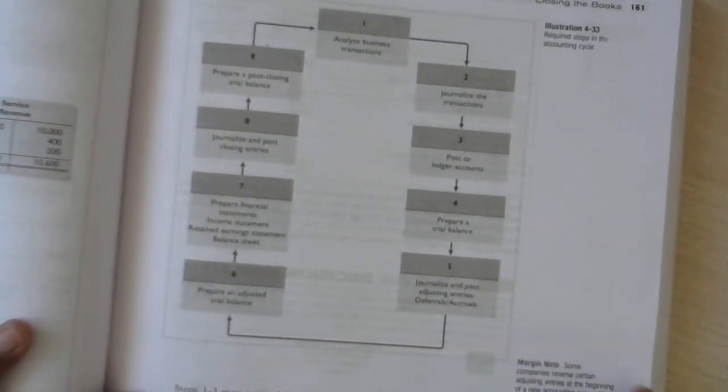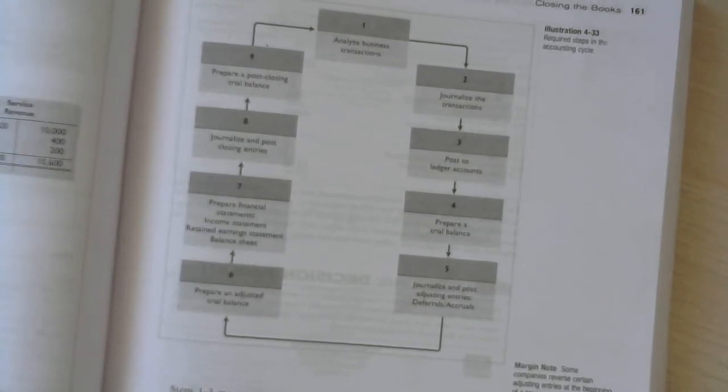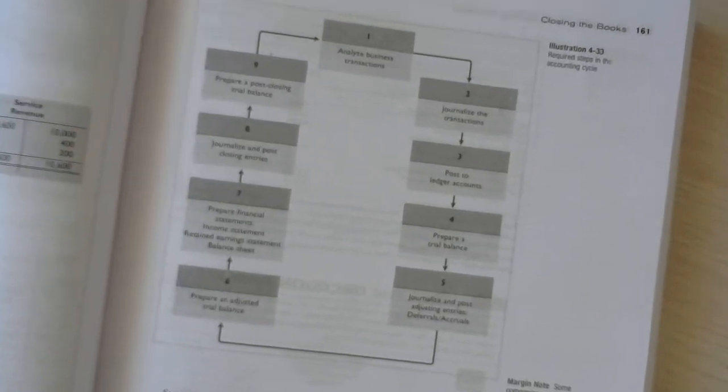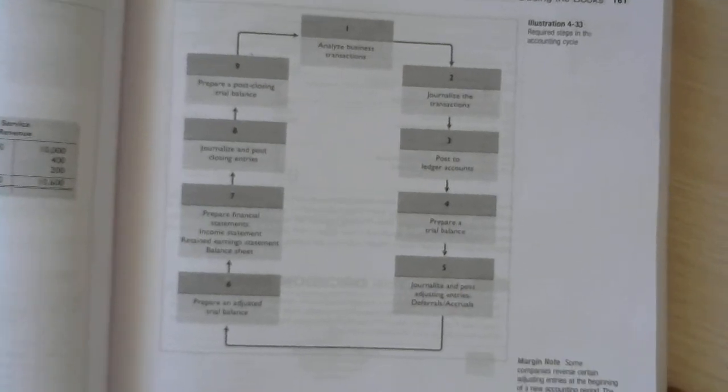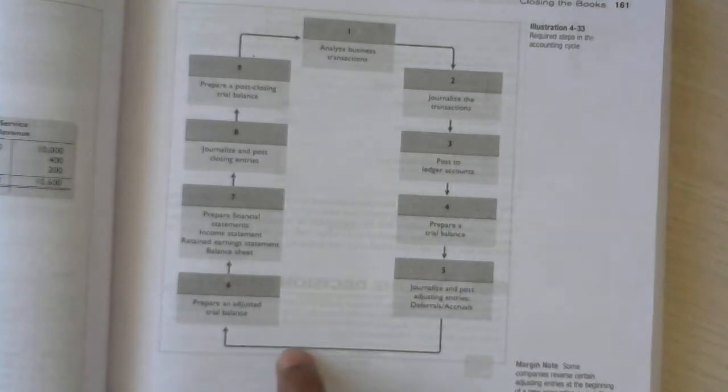Now, what I'm showing here, I'll show more clear pictures later, or you can simply search the cycle of accounting, or accounting cycle. This is like a cycle here, you can see.